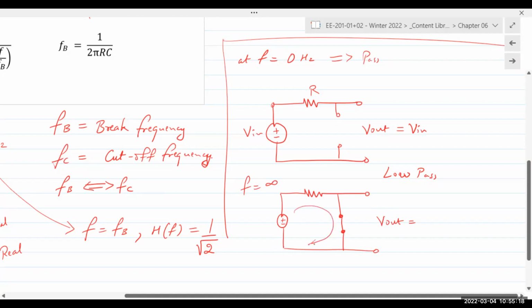Everything is flowing through the resistor back into the circuit. V out is taken across the same terminals of the capacitor. So V out is equal to 0 volts. If V out is 0, then high frequencies are blocked. And thus the circuit works as a low pass filter. Low pass filter.